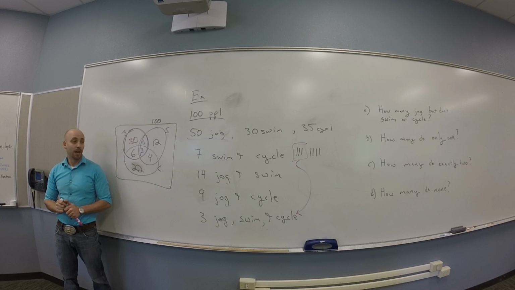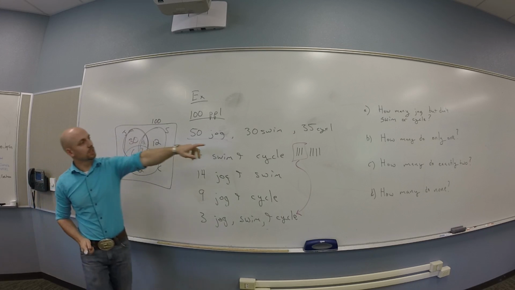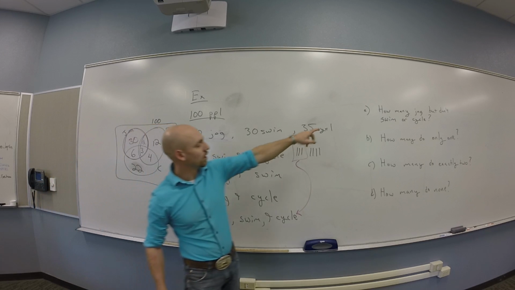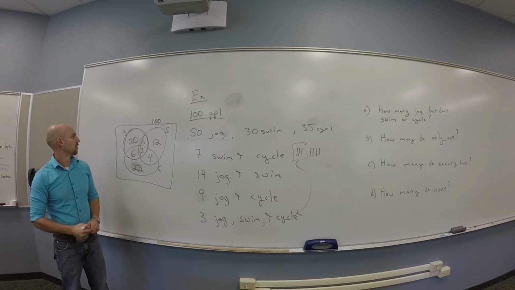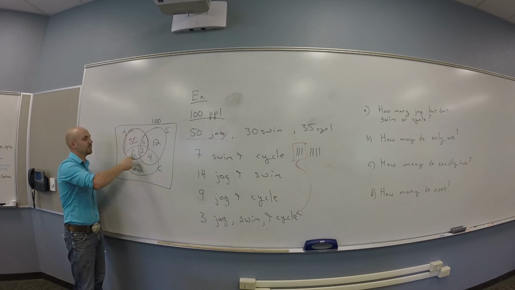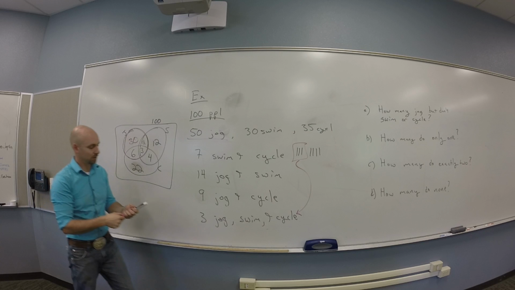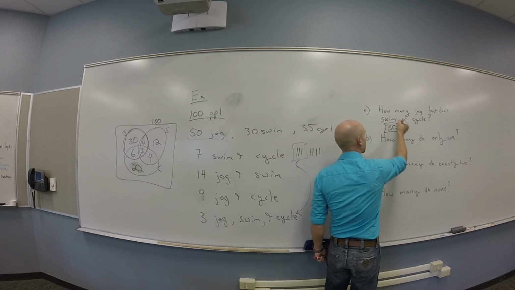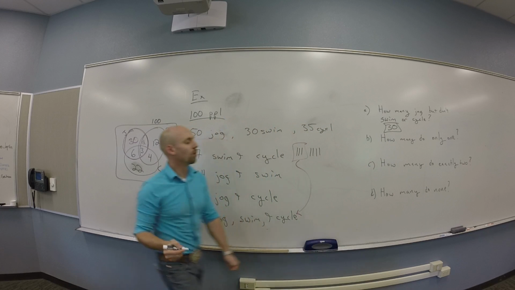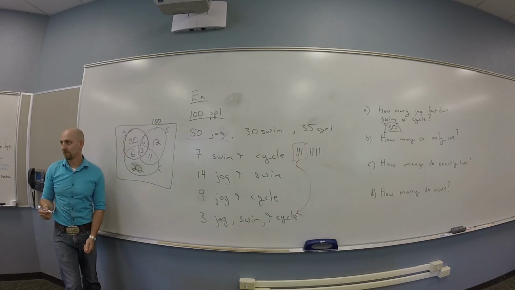One of the questions asks, how many jog but don't swim or cycle? 30. That's in the jogging blob but outside of the other 2. How many do only one activity?